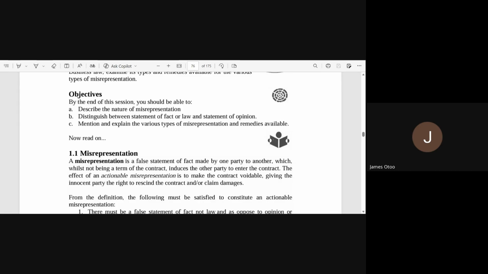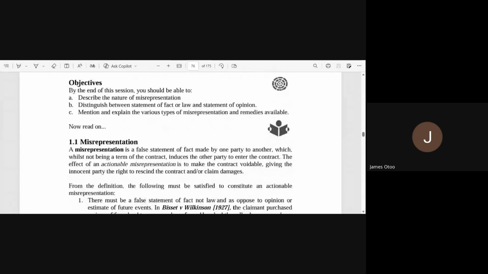Misrepresentation makes a contract voidable. I've already explained what voidable means: the contract is valid until someone takes steps to set it aside. Such a contract gives the innocent party the right to rescind the contract, i.e., to set it aside, and even sue for damages.